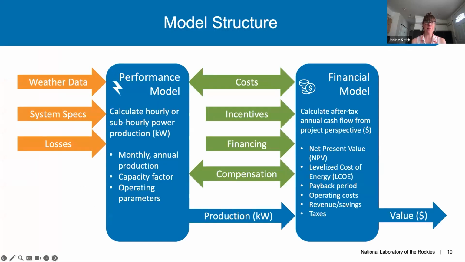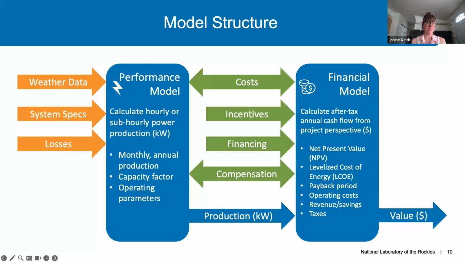We do that by having the model structured, regardless of the technology you're looking at, in the following way. We think of it as two big parts. The first part being what we call the performance model, which is more technology specific. Regardless of the technology you're looking at, you need information about weather or resource data.